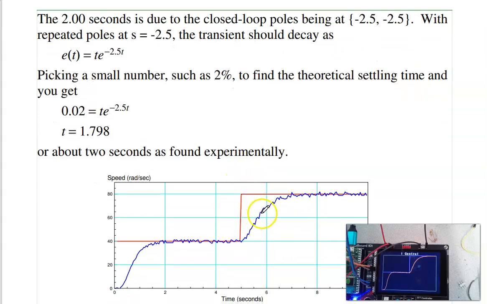And the transient, this guy right here, should be decaying as t e to the minus 2.5t. I have repeated poles at minus 2.5, which gives you this transient response. To find out how long it takes to get to 2%, I just do 0.02 as t e to the minus 2.5t, solve. Should take 1.8 seconds. And here's 5, 6, there's about 1.8 seconds. Looks about right. So the motor's behaving like I expect.